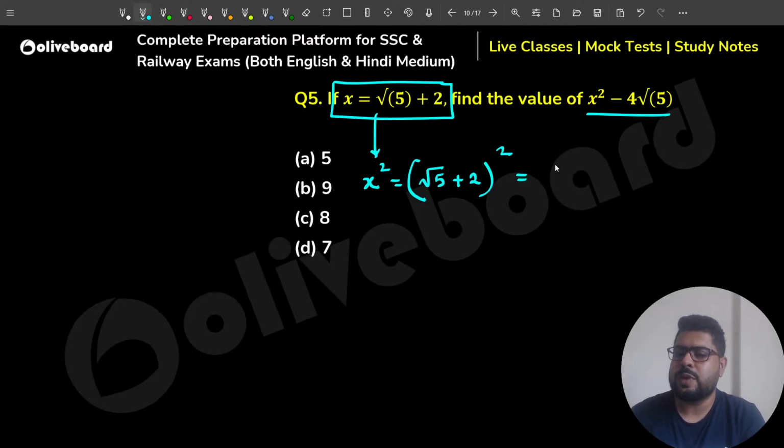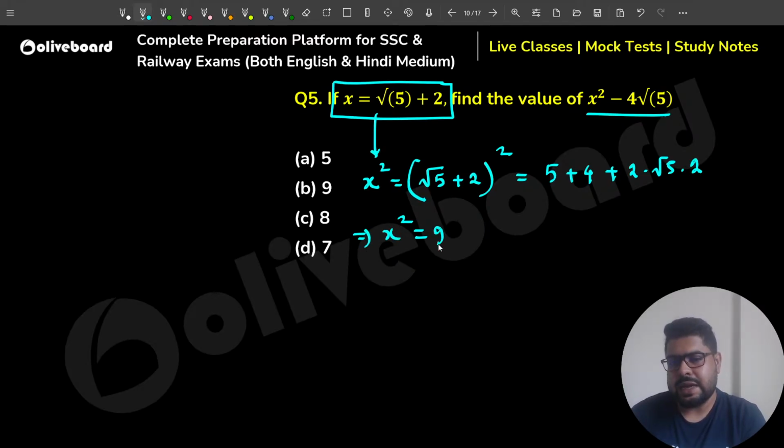So this is going to be root 5 square is 5, 2 square is 4, plus 2 into root 5 into 2, sir. Yes, this is absolutely correct. So x squared becomes 9 plus 4 root 5. So just take the 4 root 5 to the other side. X squared minus 4 root 5 becomes equal to 9.